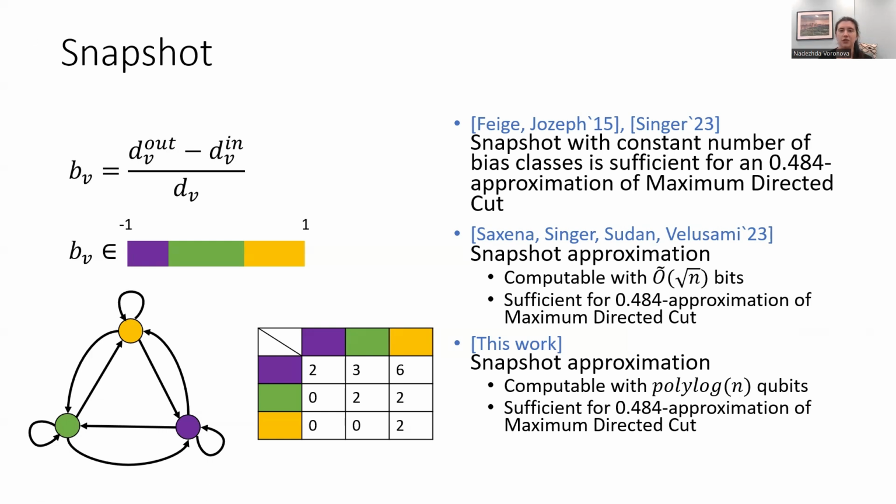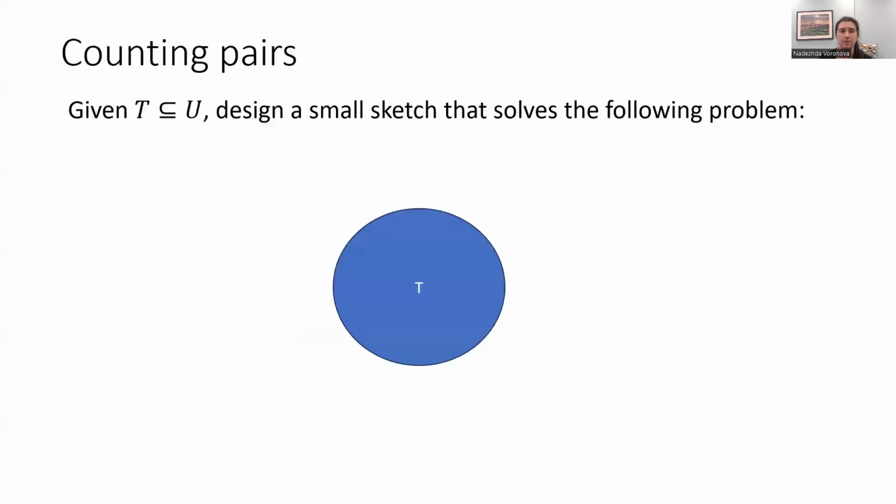Note that in order to solve this problem of computing a snapshot, it is essential to be able to compute the number of edges incident to vertices with some specific properties. In our case, belonging to a specific pair of bias classes. This subproblem can be worded as follows.